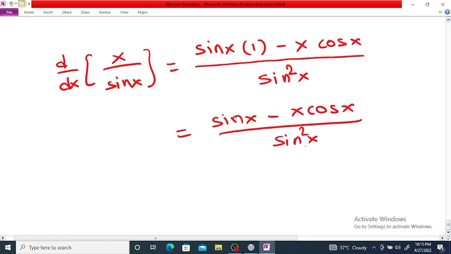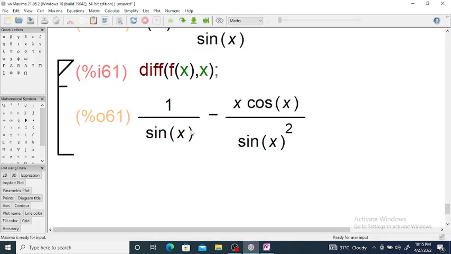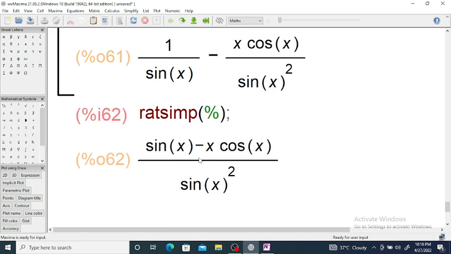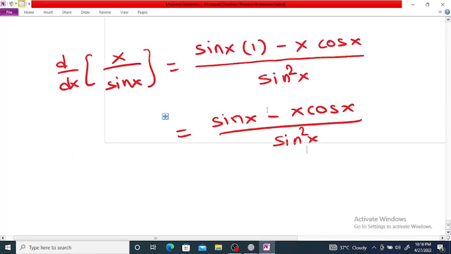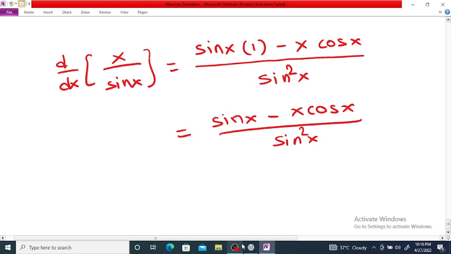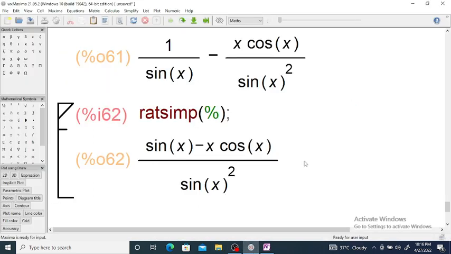But in Maxima we obtain 1 by sine x minus x cos x divided by sine square x. So if we simplify this with ratsimp, we get sine x minus x cos x divided by sine square x, and in Maxima also we get sine x minus x cos x divided by sine square x.